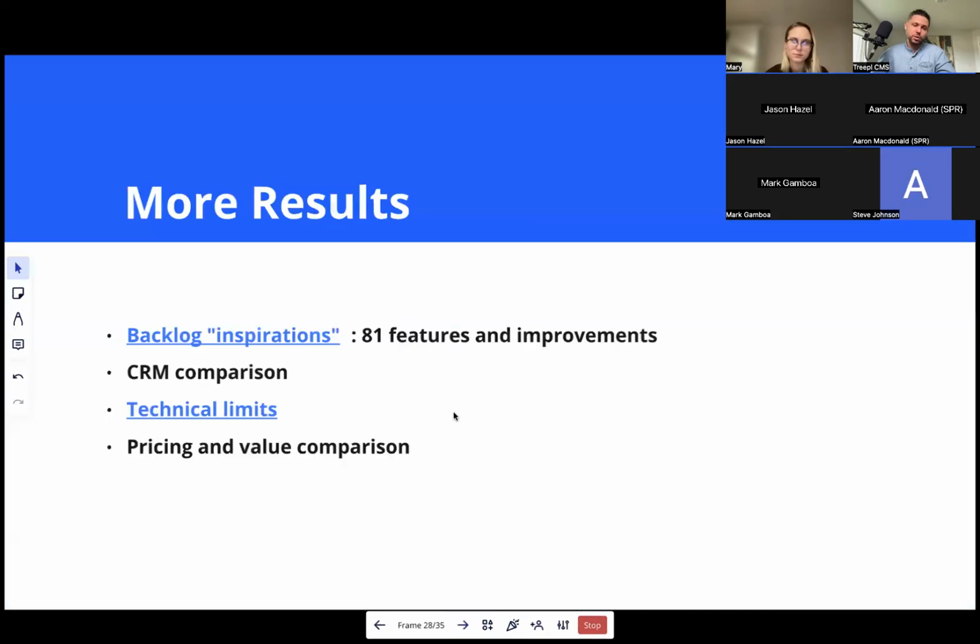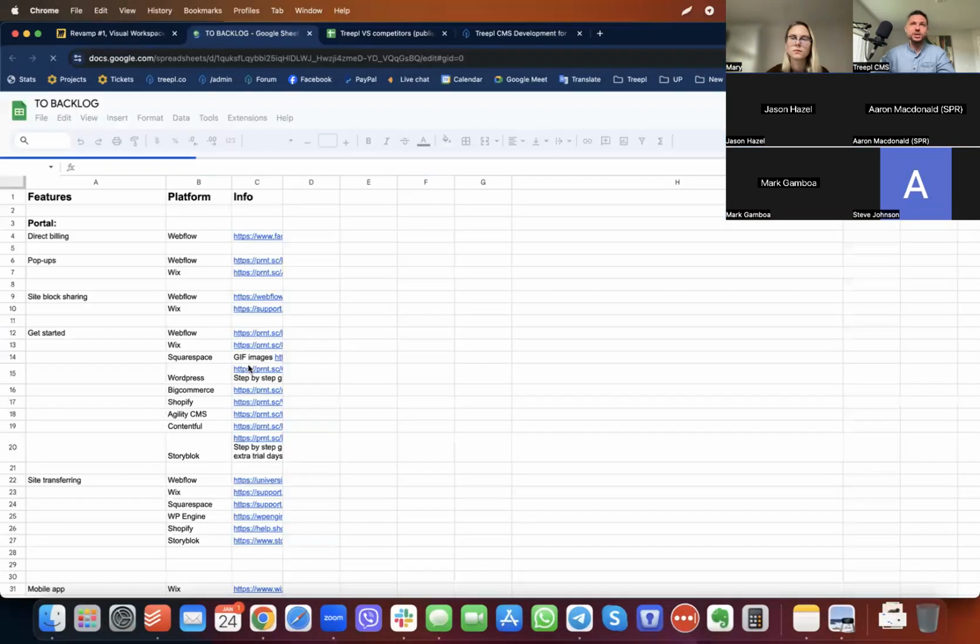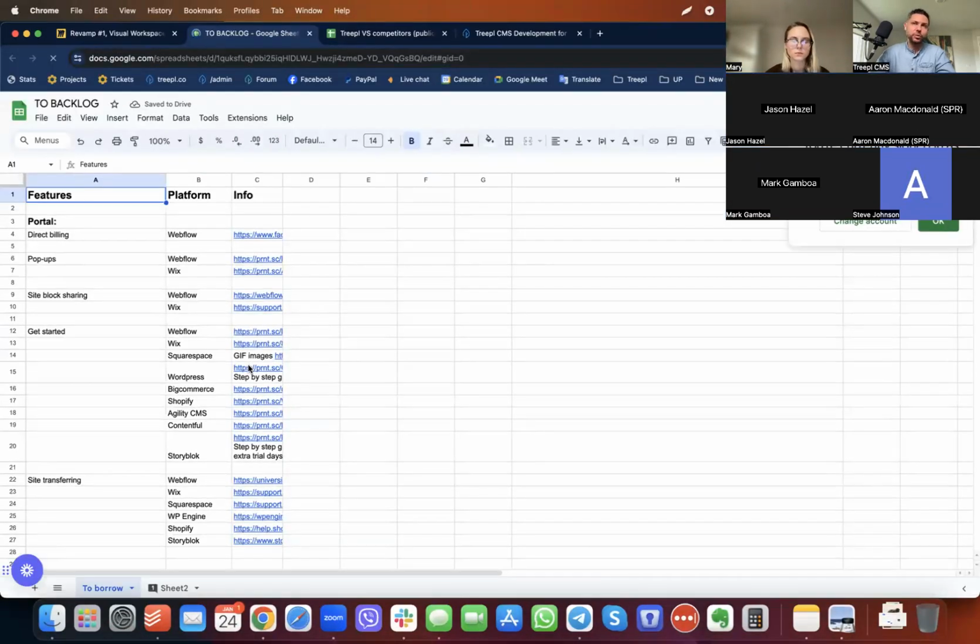Also, some more results we received from this is the backlog inspiration. This is the thing that will save us hundreds of hours of work for our team. Since we dug into every platform as deep as possible, we found so many good inspirations and so many good ideas that we can definitely implement into our platforms.